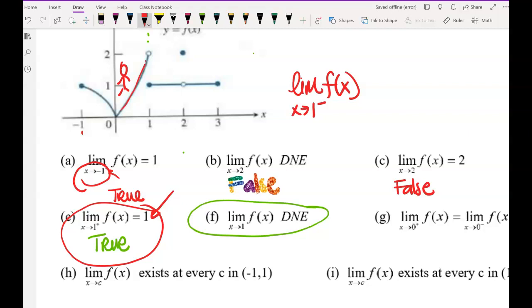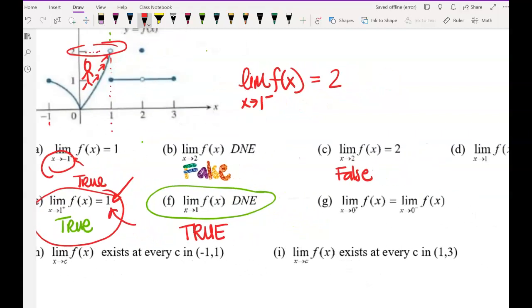Remember, you have to follow the curve. If it's flat, then you go flat. If it's curvature, then you go to curvature. You're creeping towards x of 1. Well, as we are moving closer and closer to 1 on x, the y value is actually creeping, aka approaching, 2. So left-hand is 2, right-hand is 1, so that means they are not equal, therefore it does not exist.